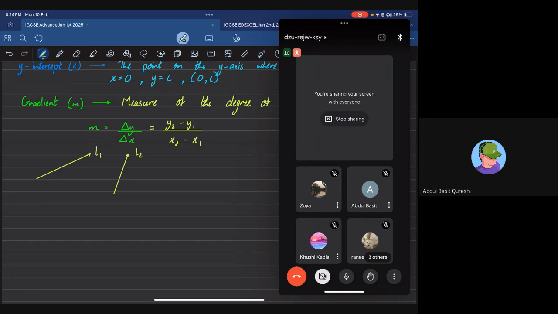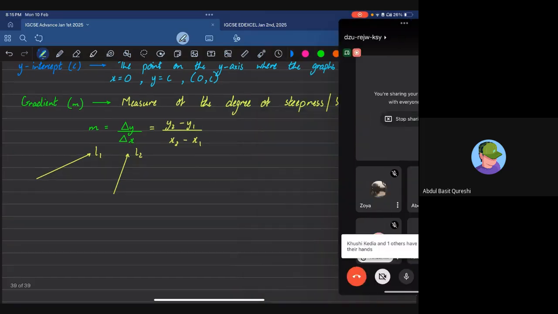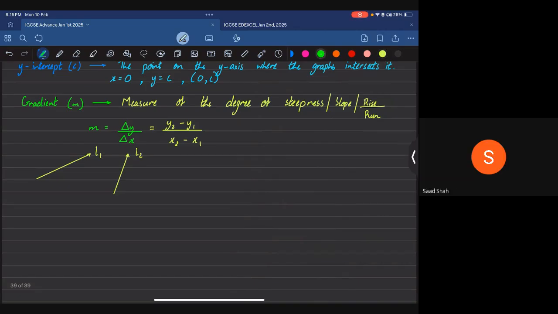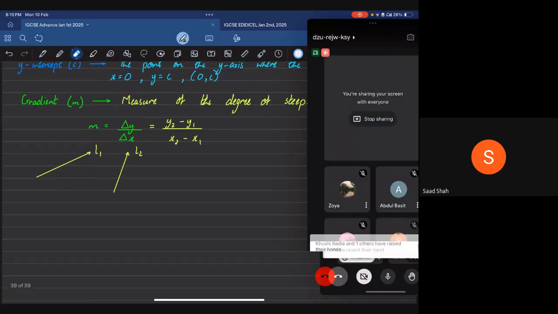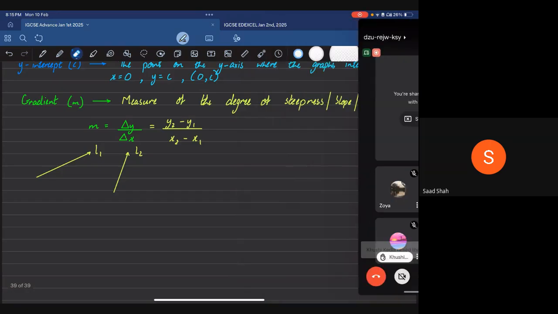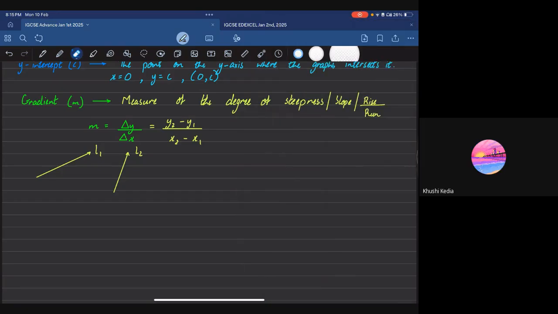Tell me which line do you think has a steeper gradient? Yes, Saad. Line 1. Okay, so you're saying that line 1 has a greater gradient. What about you, Kushi? It will be line 2 because the run is less.